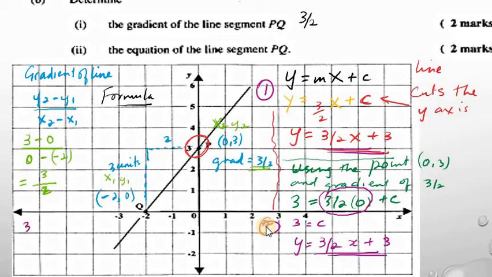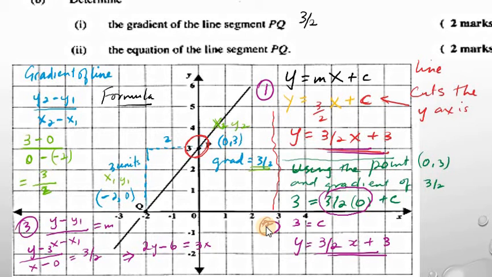The third method is straight to the formula now. y minus y1 over x minus x1 is equal to the gradient. I'm using the point (0, 3) again. So y minus 3 over x minus 0 is equal to 3 on 2. When I cross multiply, I will get 2y minus 6 is equal to 3x.